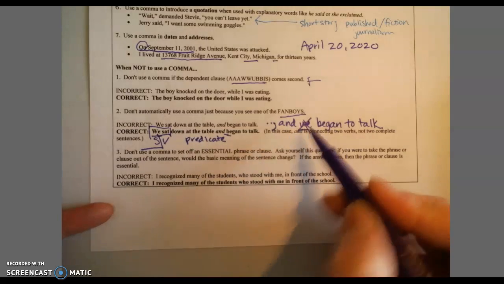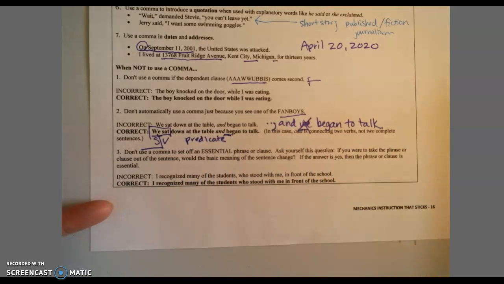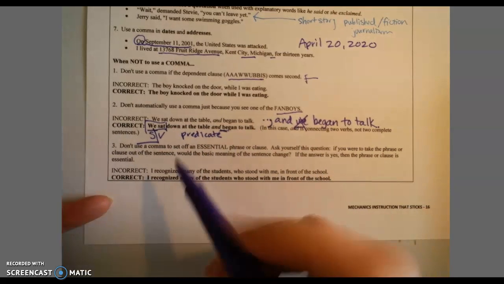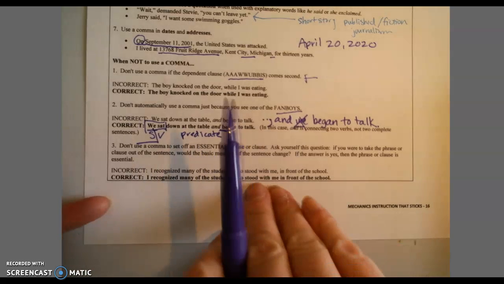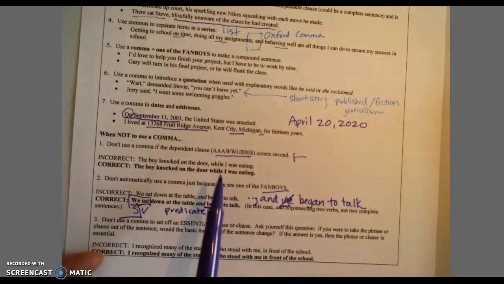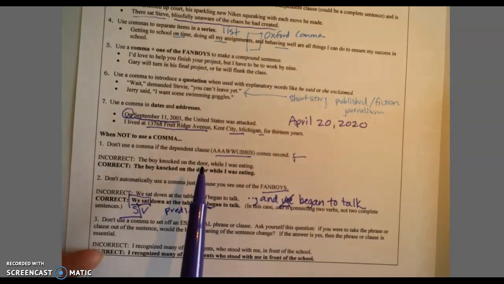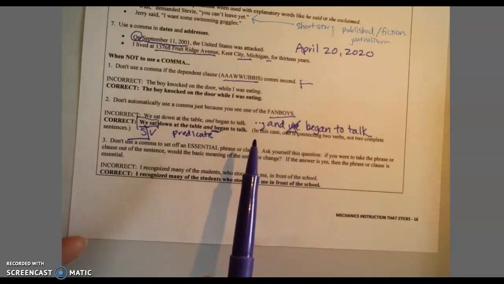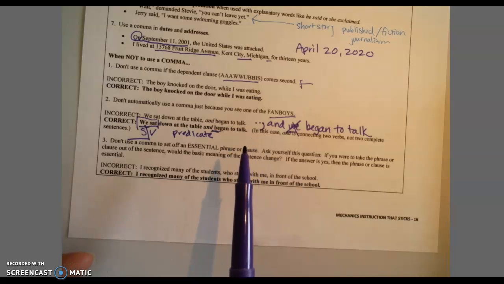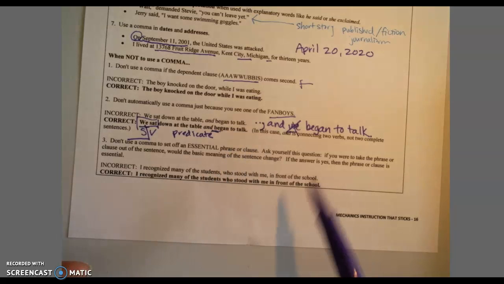But we don't have a subject here, so it's a compound predicate. This was probably one of the most common errors I saw in your papers between incorrect use of commas with dependent clause closers and the incorrect use of commas with a FANBOYS. That's not joining two independent clauses.